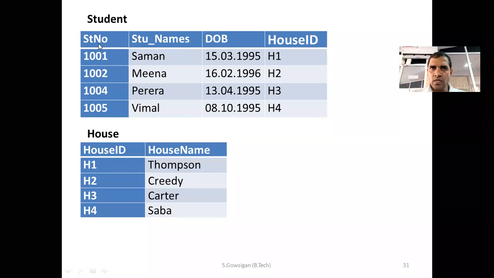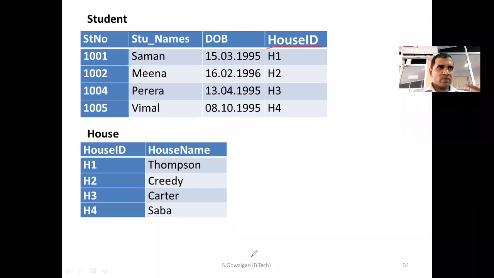She said that STNO is the primary key, right? So can we have house ID in the student table as primary key? No, sir. What's the reason? Because if any person with a student number is there, that person can belong to house 3 or 4, if 4 houses are there.